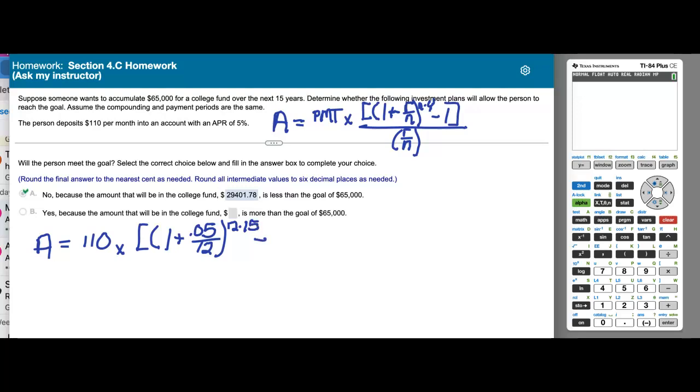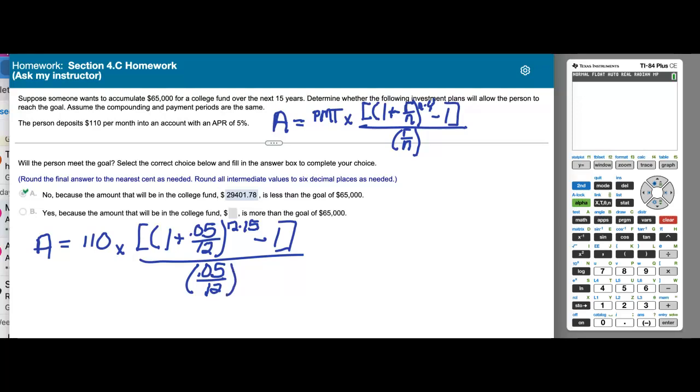Then we subtract 1, close our brackets, and the denominator of this fraction is 0.05, the annual percentage rate, divided by N, the number of times compounded, 12.